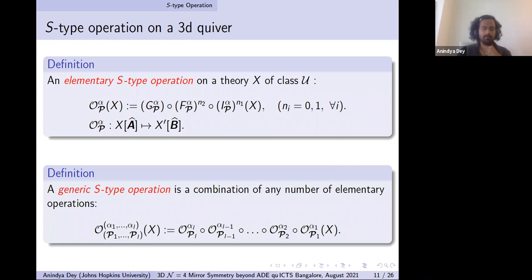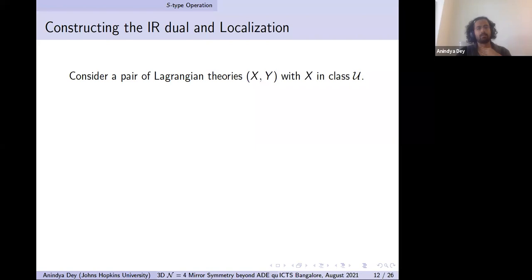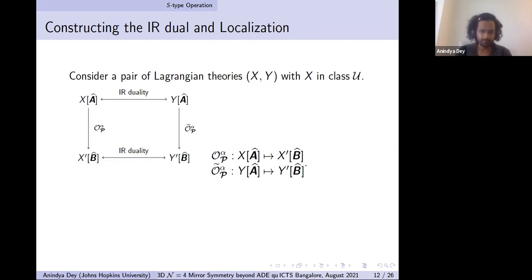All right. So these are the two definitions. Now let us review the structure one more time. Consider a pair of Lagrangian theories X, Y, where X is in class U. Then I have a map, this O_alpha^P, that takes me from X to X prime in the manner that I just described. The idea is now to figure out what the dual map O tilde is that takes me from Y to Y prime.